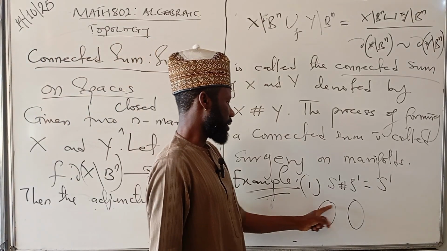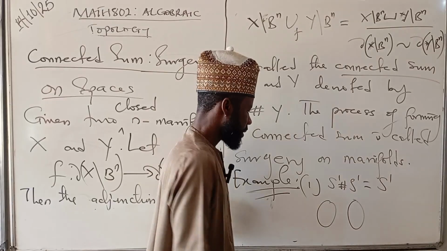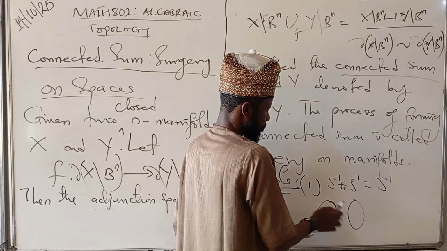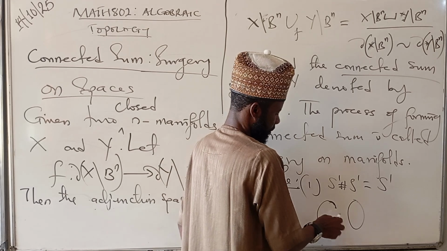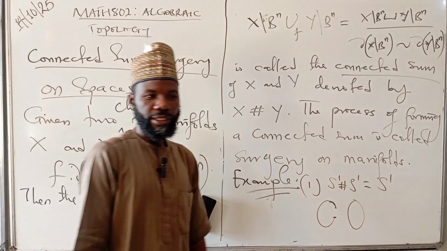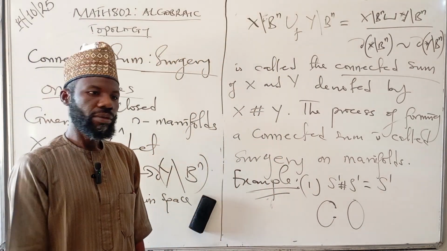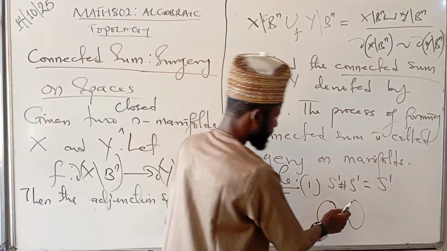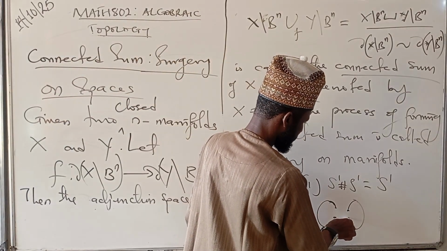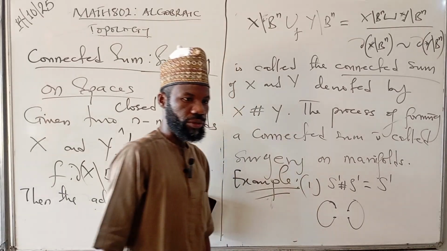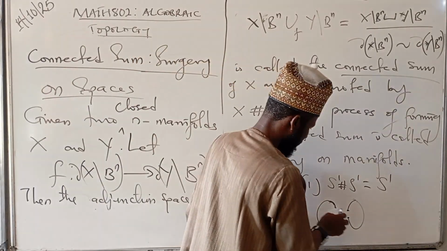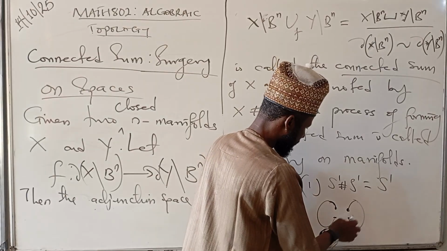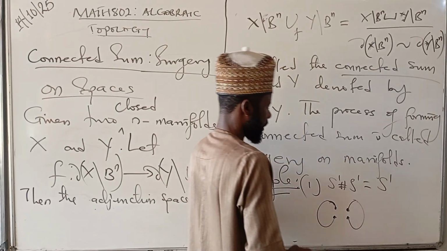So if you have this manifold and that manifold, and then you remove an interval, that is B1, and you remove B1 over here, then you have created a boundary. Then you identify by the homeomorphism F. So this point will be identified with this, and that point will be identified with this.